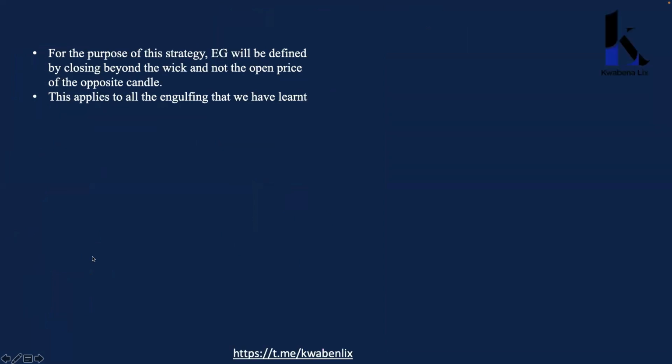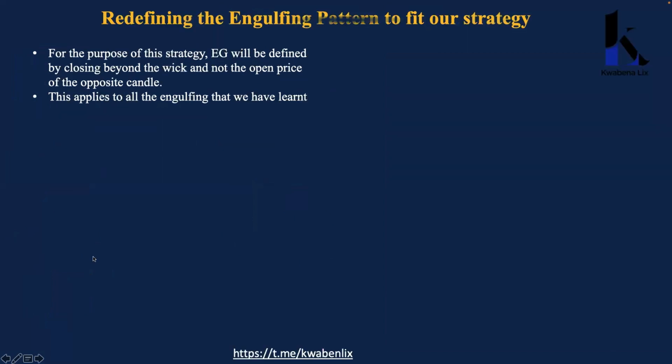Now we have to redefine the engulfing again. Now we are redefining the engulfing pattern to fit our strategy. So what you saw earlier is the general definition of what an engulfing is. Now, can we twist it a bit to make it favor us, to make it different from what everybody is doing?